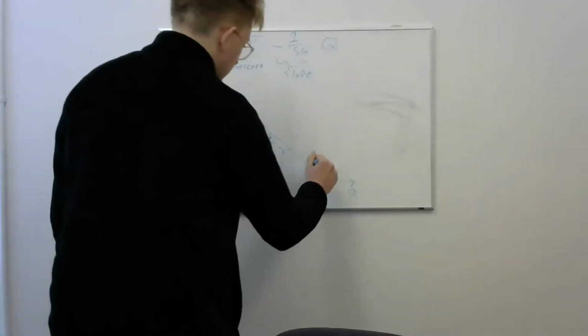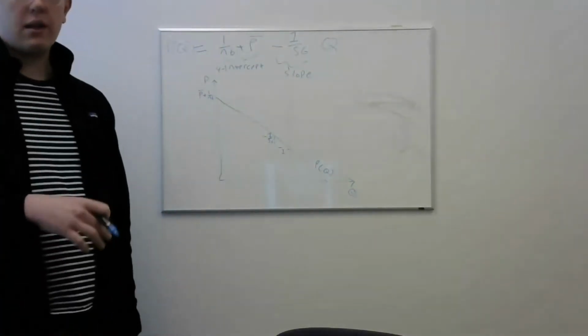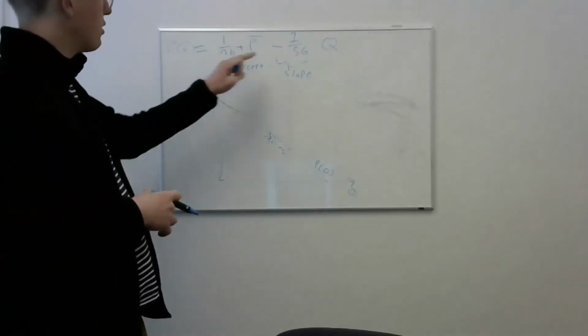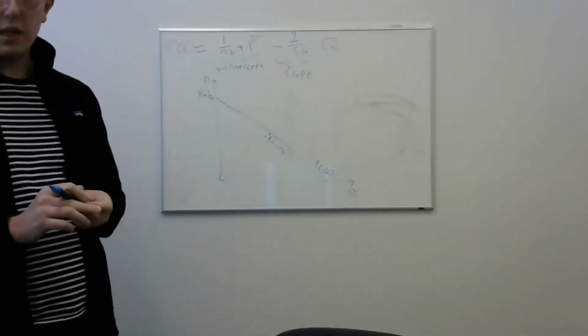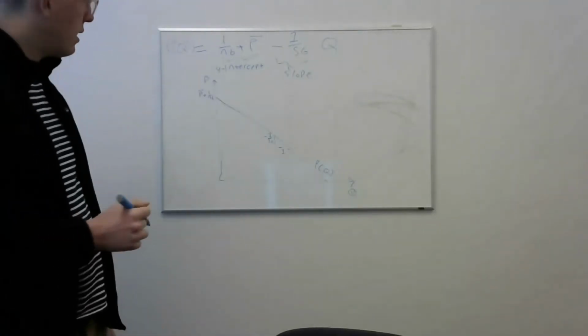And this is P of Q. Since this is linear demand, you can see that demand is totally linear in quantity.